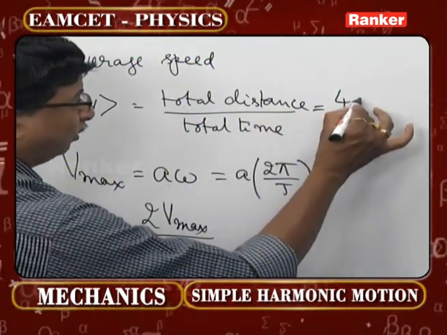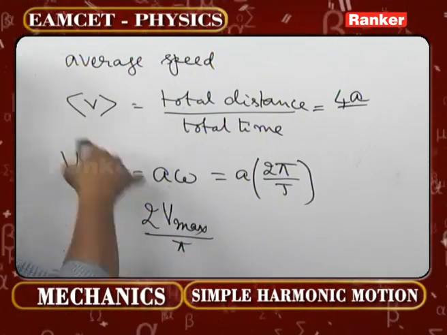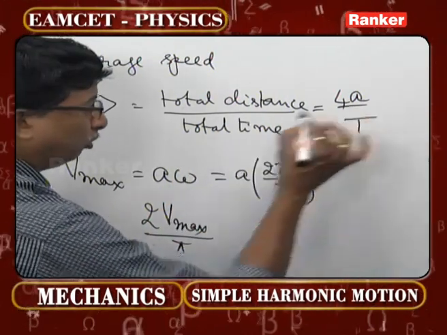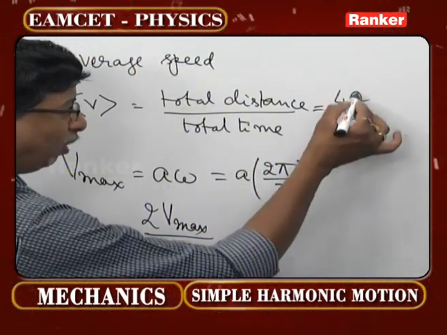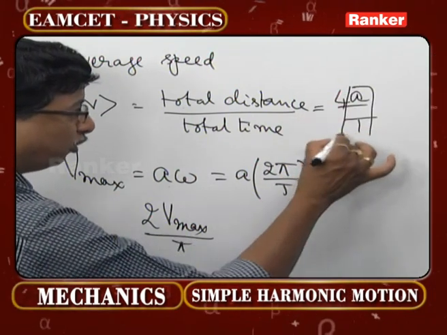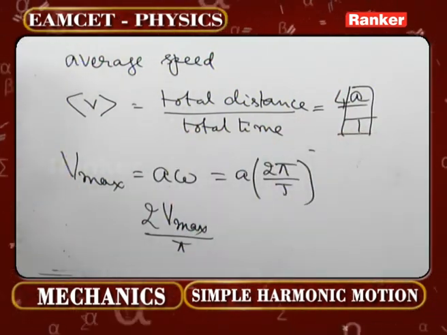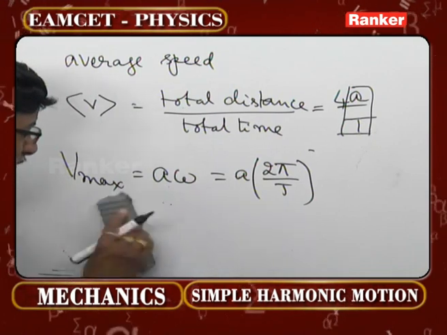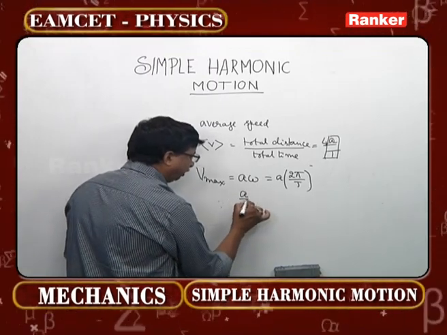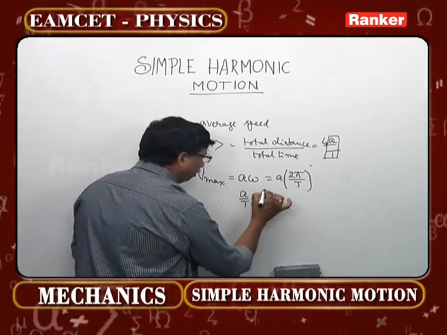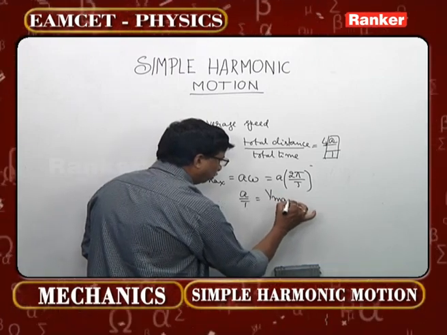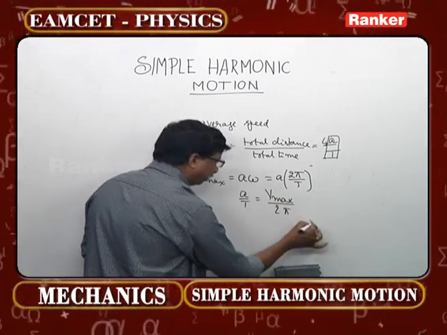Total distance travelled is 4A in one oscillation. Time taken is going to be T. Then what can we write now? A by T times 4 will be the average speed. What is A by T from this particular equation? A by T is equal to V maximum by 2 pi.